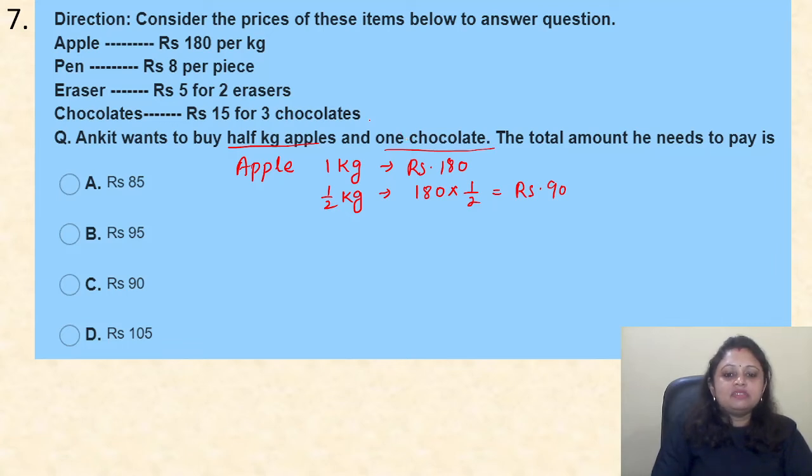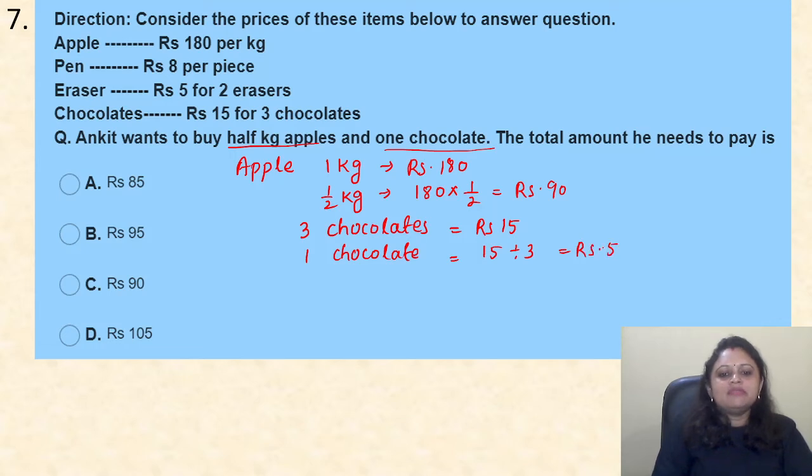Yes, rupees 15 for 3 chocolates. And if 3 chocolates is rupees 15, so for one chocolate it will be 15 divided by 3, that is equal to rupees 5. So for one chocolate rupees 5 and half kg of apple rupees 90.